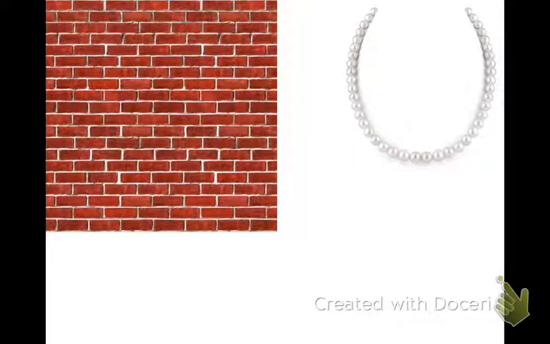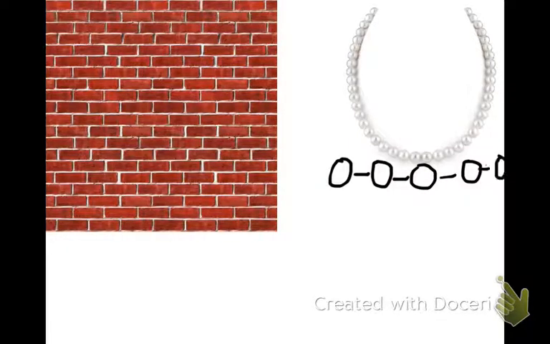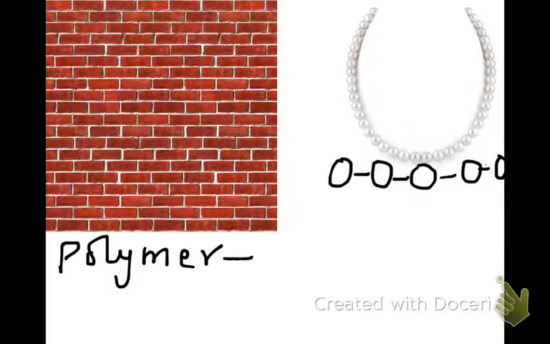Or if you look at another analogy, like a string of beads or a string of pearls, you have similar sized pearls that are joined together in a string of beads. So my point is, in order to understand what a polymer is, a polymer is a set of a lot of monomers.